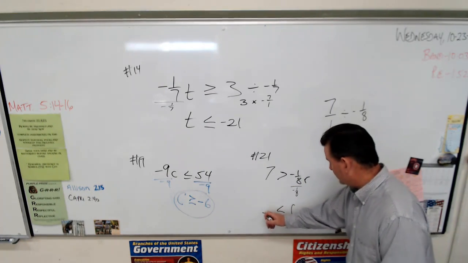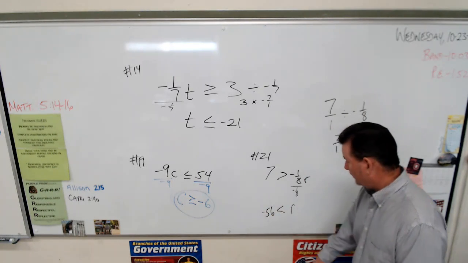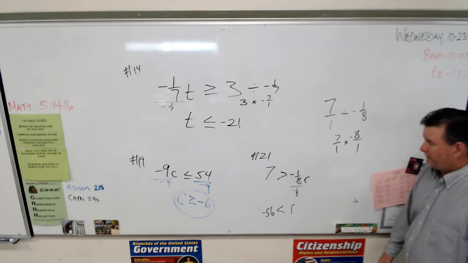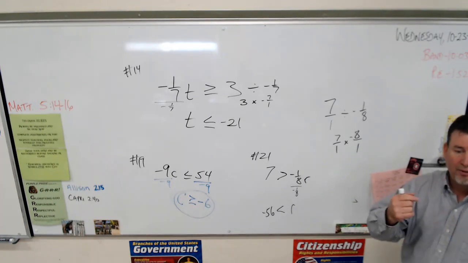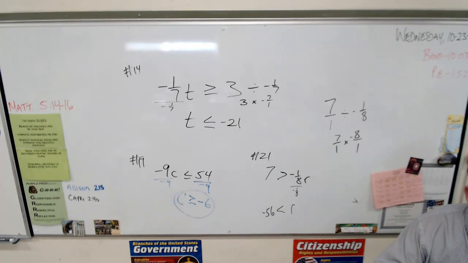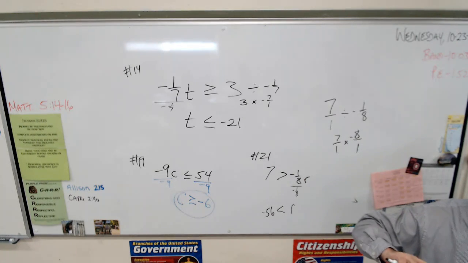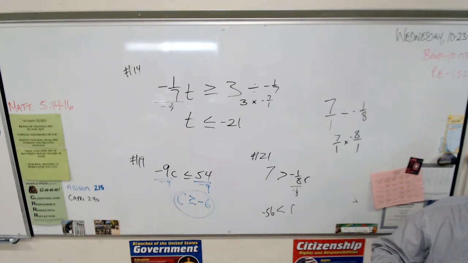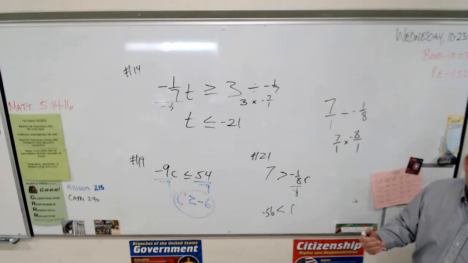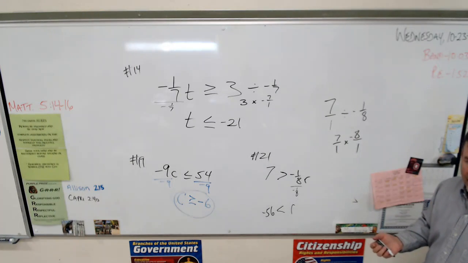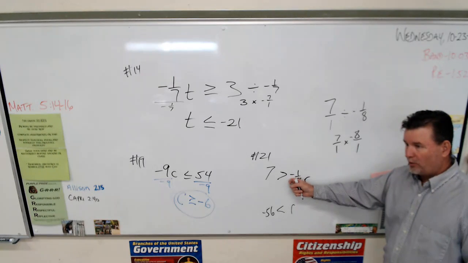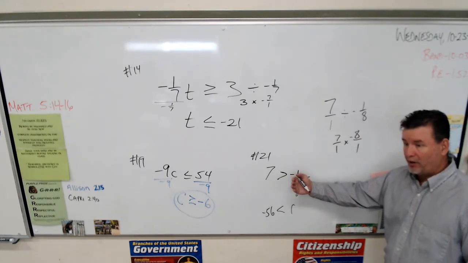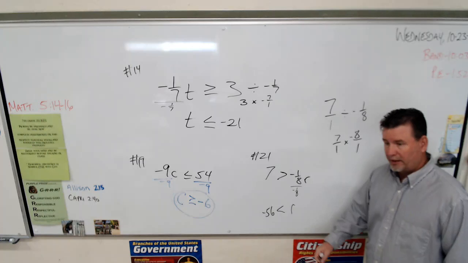And it becomes -56. Because I am dividing by a negative. When I divide fractions, I never actually divide. I multiply by the reciprocal. I invert it. I flip it. Since I divided or multiplied by a negative, by an opposite, I gotta change them.